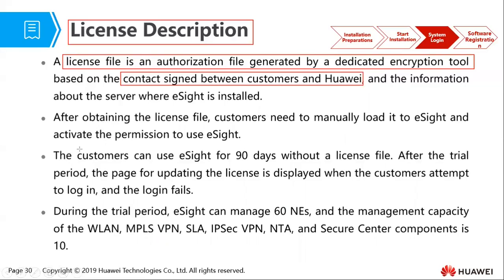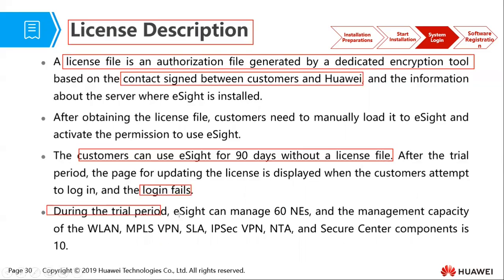However, customers can use eSight for 90 days without a license. But after the trial period expires, the page for updating the license is displayed when you try to log in to eSight, and therefore login is going to fail.